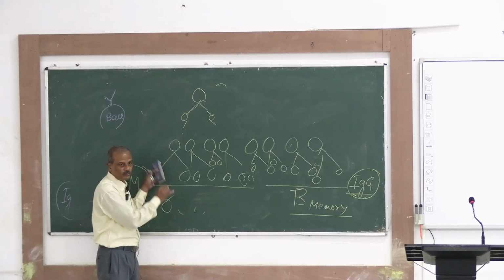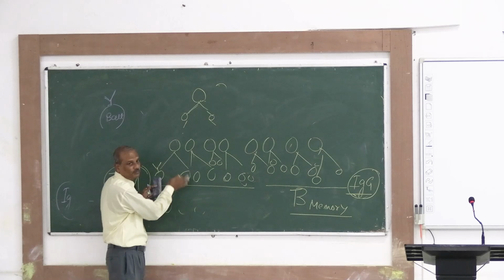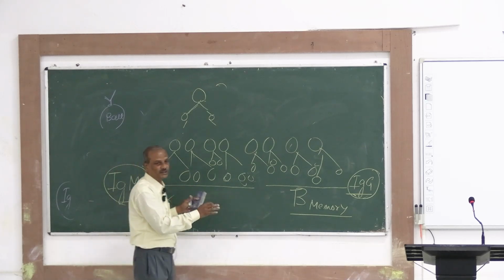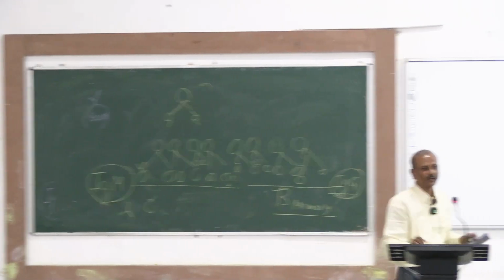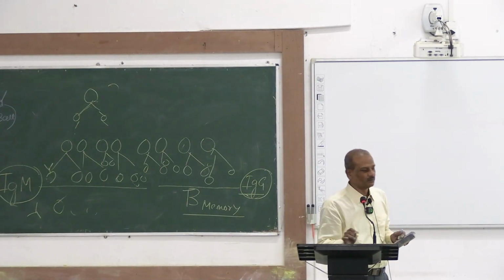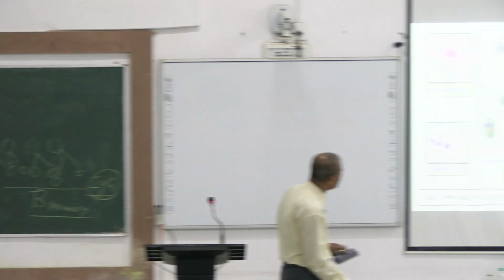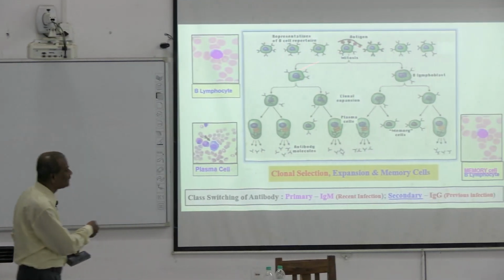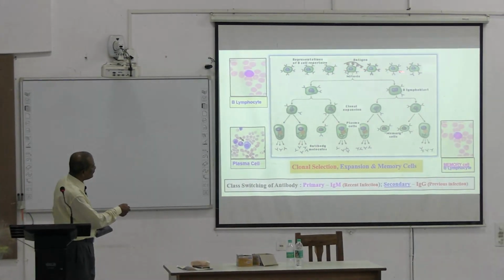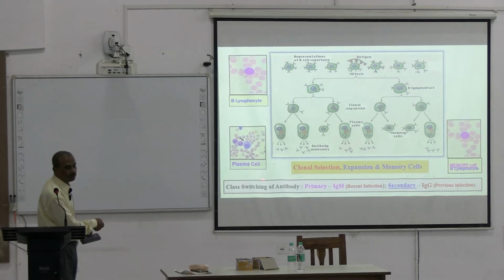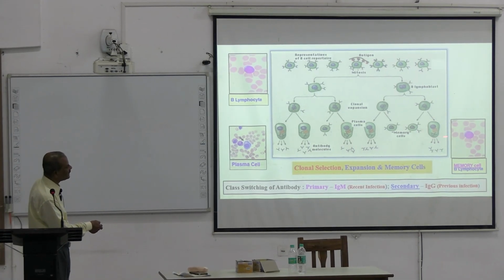A single clone of cells produces it, and that's why the receptor is called a B cell receptor. The B cell receptor is essentially a clonotypic receptor, an immunoglobulin which the same B cell has produced. Now, the B cell is basically a lymphocyte. On activation and clonal expansion, a plasma cell is produced and one subset of cells remains as a memory cell. This memory cell responds very fast. Okay.